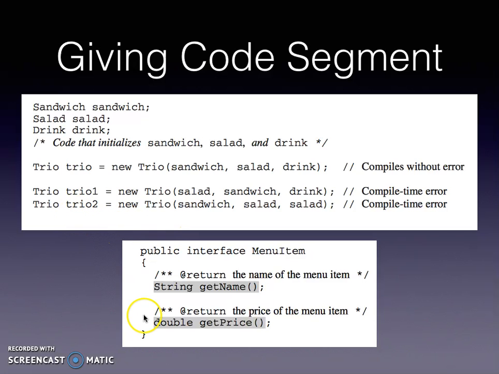We can also see the location in the project of the 2 methods we're supposed to write: getName and getPrice. getName returns a string and getPrice returns a double.